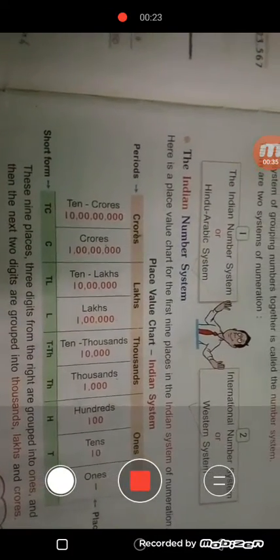This is the place value chart. We have done a few questions in this place value chart, but today we are going to find out the place value of each digit using the Indian place value system. So let's start. Here an example is given to you on this page.